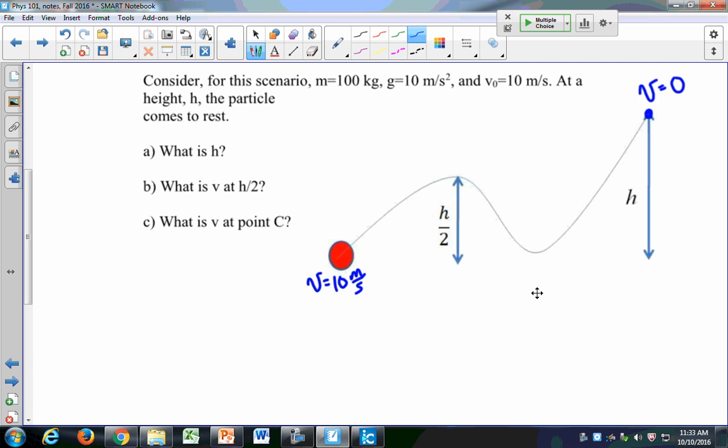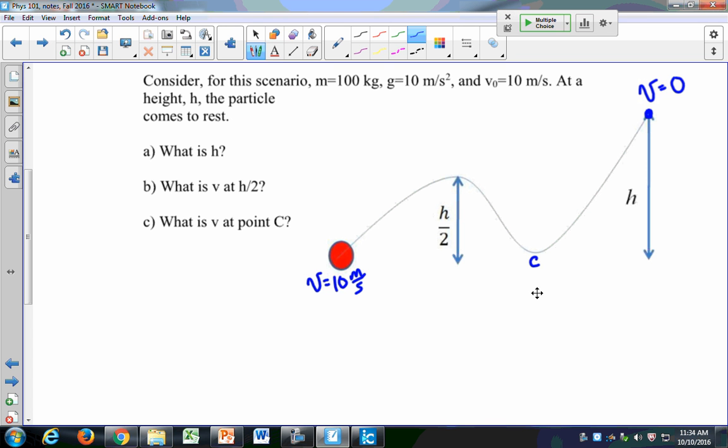That's the one I just drew. Oh, point C, it just got off the figure, is right here. I want to know what is the speed at point C, at that point. Okay?